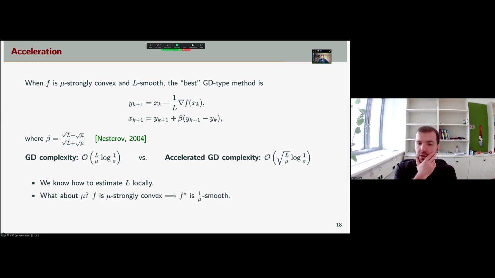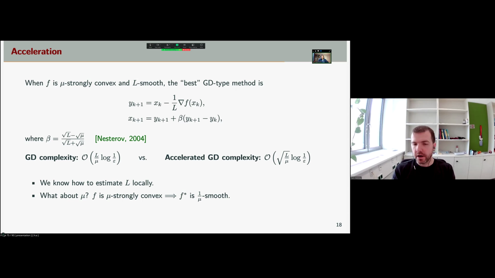If you know that the function is strongly convex, then we can consider its conjugate dual, or Fenchel-Legendre conjugate function. I'm not going to give a definition, but it's basically the most important operation in convex analysis. By duality, strong convexity corresponds to smoothness and vice versa, because they are just inverse to each other.